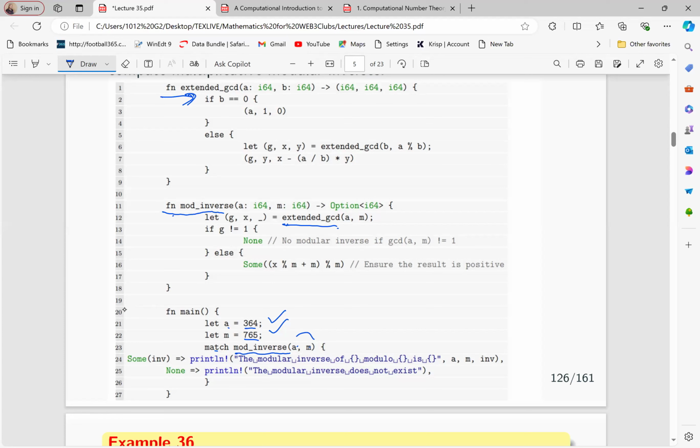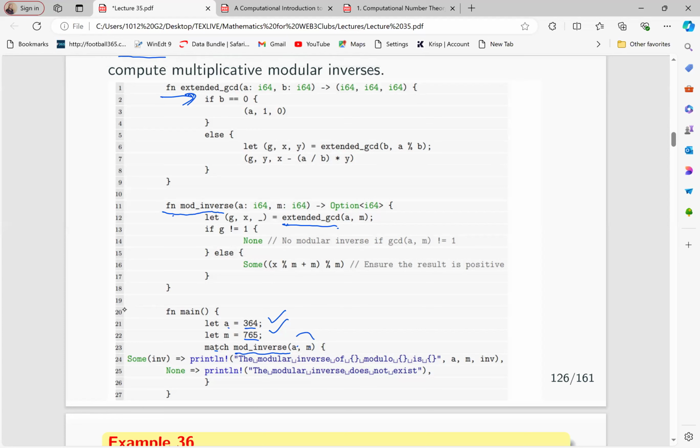That is now what begins. Because the mod inverse function was called, it calls the extended GCD function, so the extended GCD function begins. Then where it ends, the mod inverse function takes over, and then back to the main function where we now print.